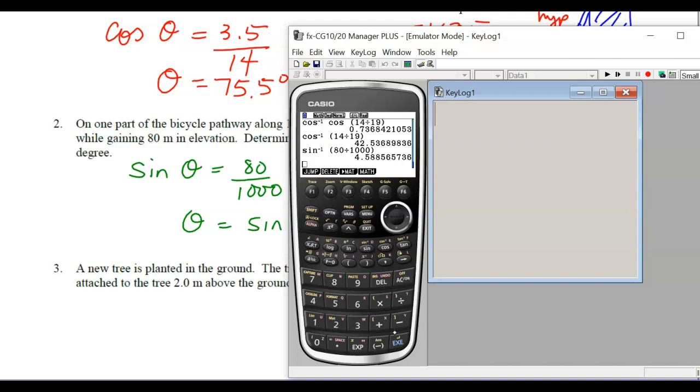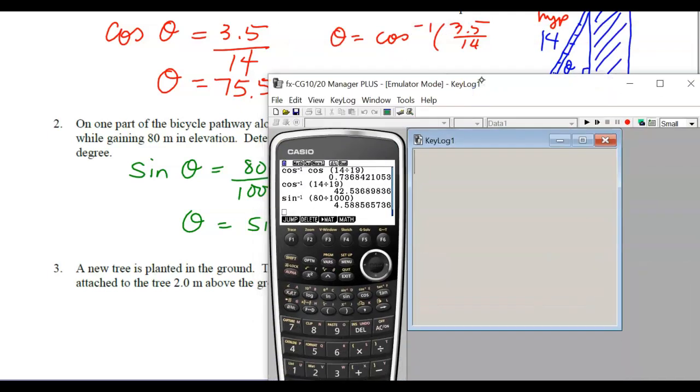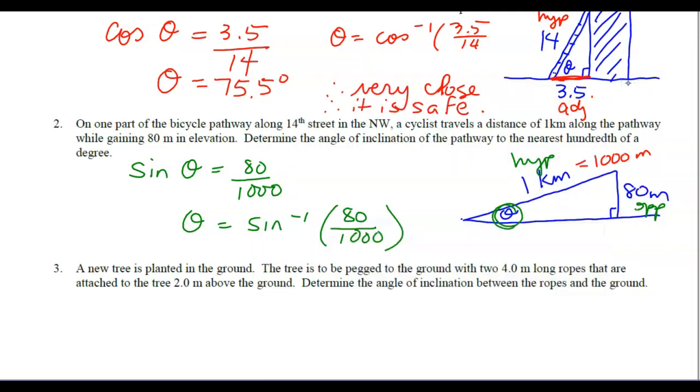Okay. 4.588, whatever it says, nearest, what does it say? Nearest hundredth. So 4.59. Because we're calculating an angle, so angles always is the second or shift key. You're doing the inverse operation.